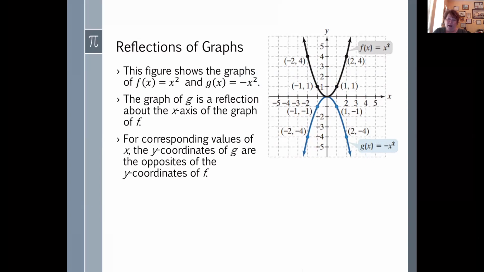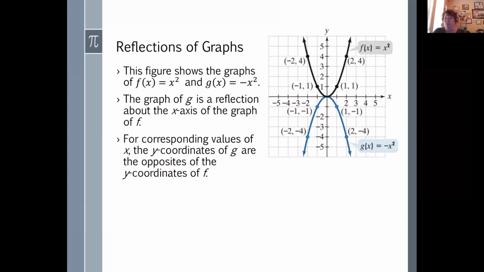Have we multiplied f of x by negative 1 to get g of x? And the answer is yes. So what we've done when we multiply the function f of x by negative 1 to get g of x equal negative x squared, we have reflected the graph of f of x around the x-axis.